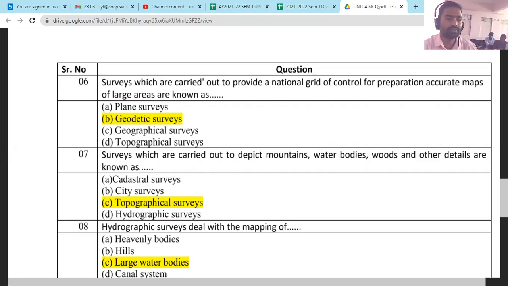Next, the seventh one. Surveys which are carried out to depict mountains, water bodies, woods, and other details are known as topographical surveying.